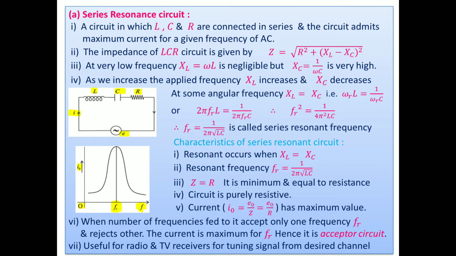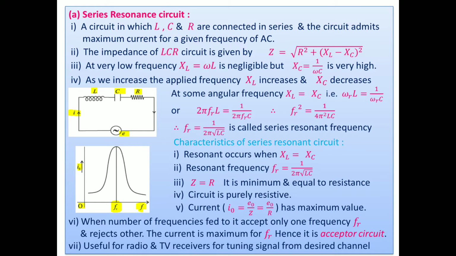At low frequency, say the frequency is low, then the inductive reactance is XL equal to omega L or 2 pi fL. It means at low frequency the inductive reactance is almost minimum or negligible.